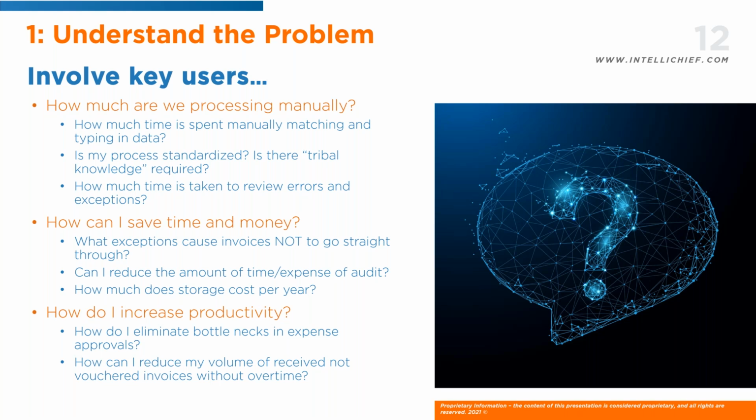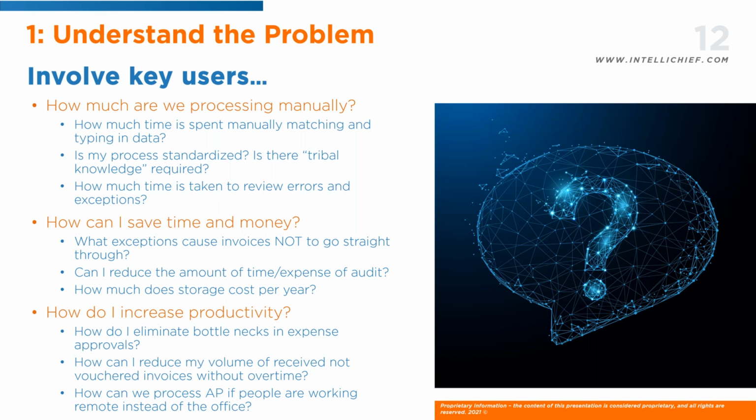So if you're measuring received not vouchered, is there a way to maximize that without having to offer overtime or bring in additional back office to ensure that your received not vouchered goes down? So another great one that folks measure on the AP side. And of course, with this latest thing, how can we process AP if people are working remote instead of in the office?